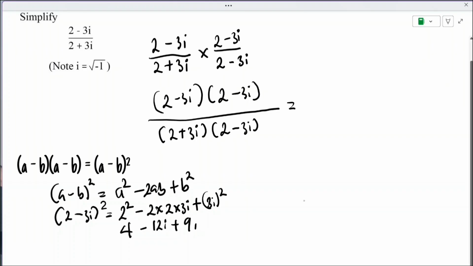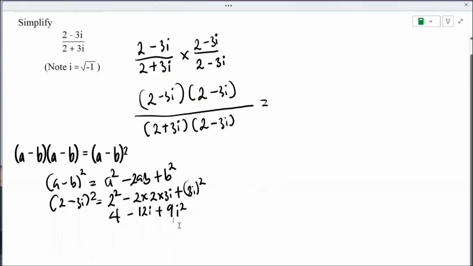Then you have i square, because the square affects both the 3 and the i. From the previous questions, the square of i is negative 1.